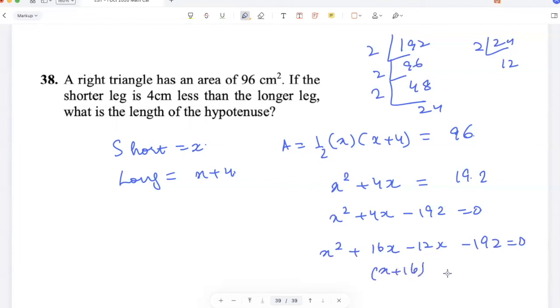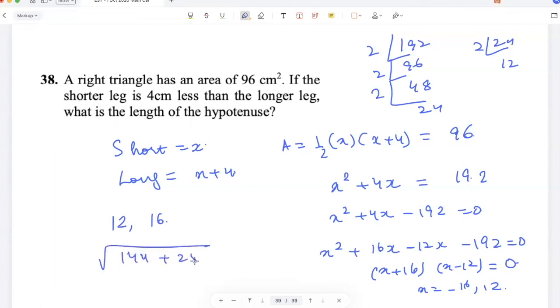So (x plus 16) into (x minus 12) is 0. So x is negative 16 and 12. So obviously the shorter side would be 12 and the longer side would be 16. So the hypotenuse would be the square root of 144 plus 256. So that's the square root of 400. So 20. The hypotenuse would be 20.